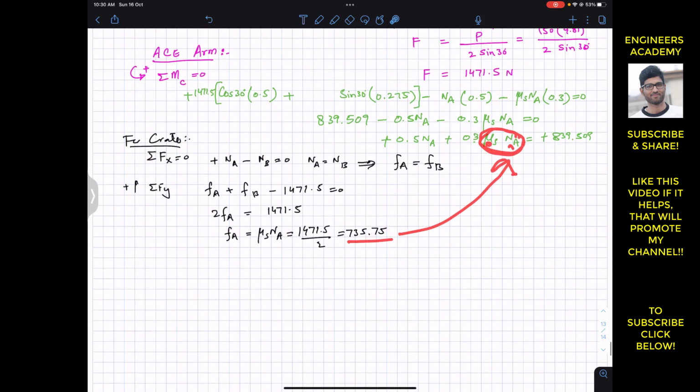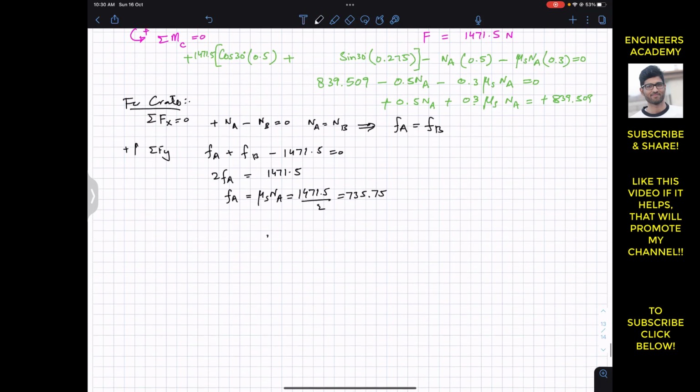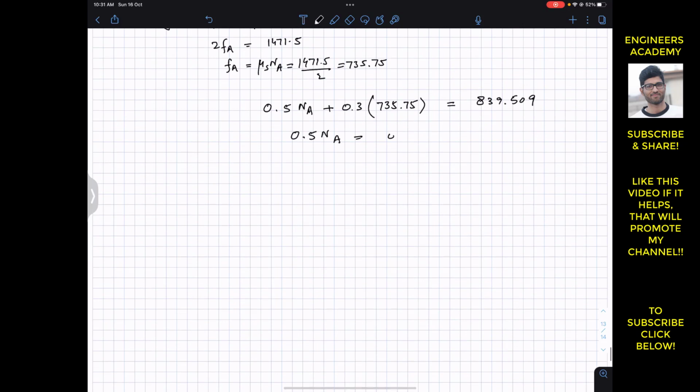So now we can say that 0.5 NA plus 0.3 times mu S times NA is 735.75, and this is equal to 839.509. So from this we can say that 0.5 NA equals 839.509 minus 0.3 into 735.75.